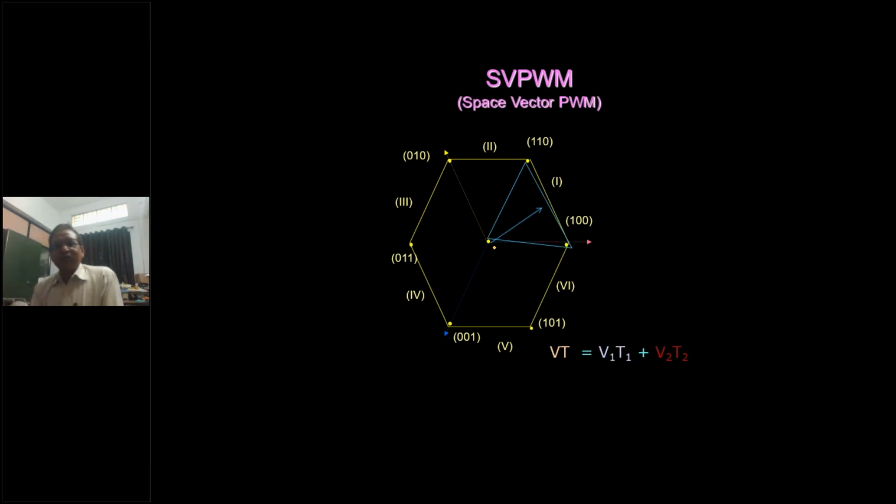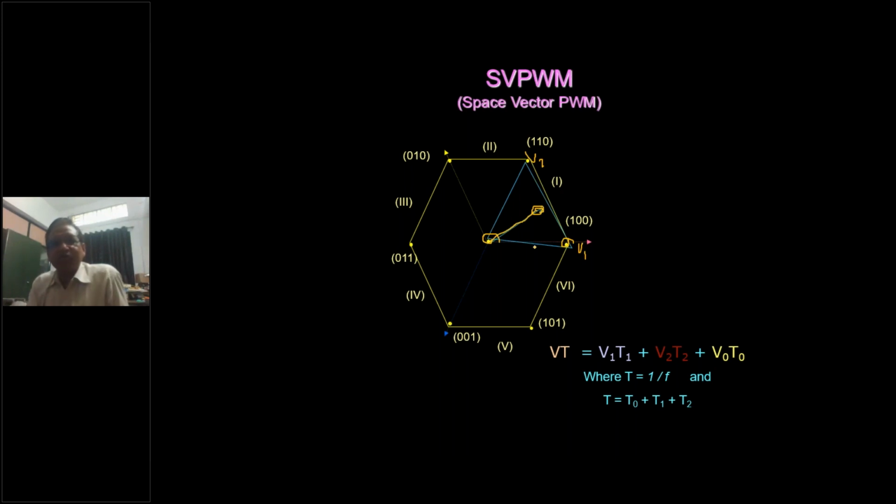I want this vector. This is a resultant of V1, this is my V2 vector, and the third vector is V0. With the help of these 3 vectors, I can achieve this voltage.